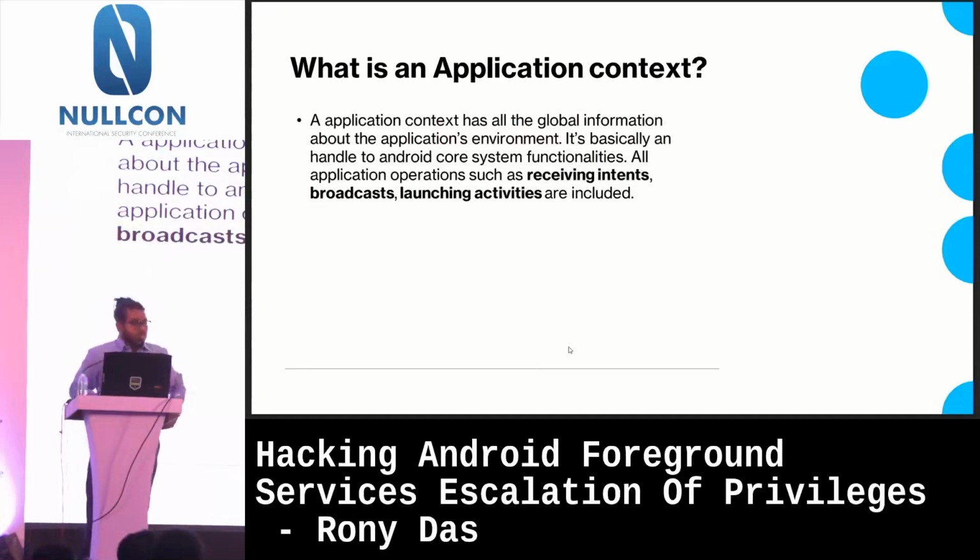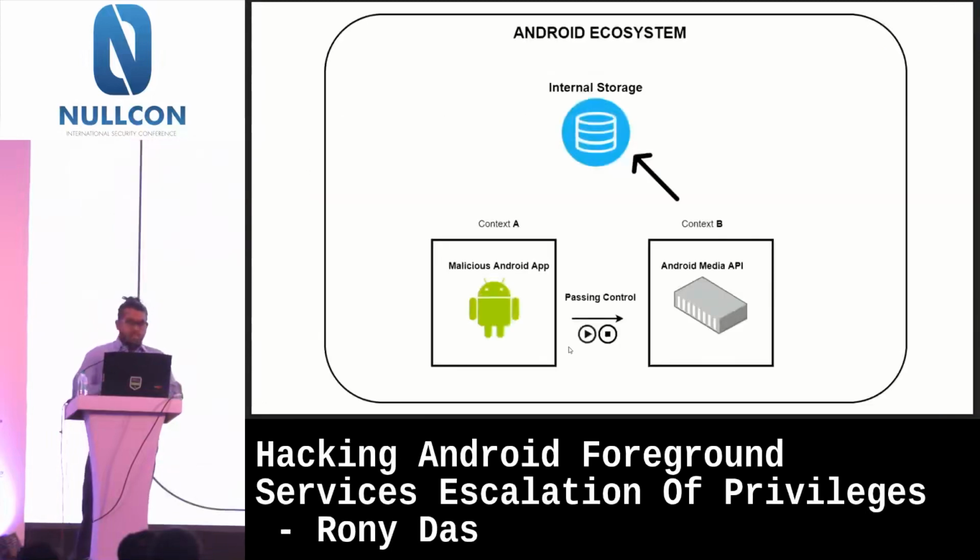Those contexts get access to intents, broadcasts, and launching activities. So it basically gives access to all the Android core functionalities, and this will be very important to understand the bypass. So let's discuss how the bypass is going to work for the microphone.